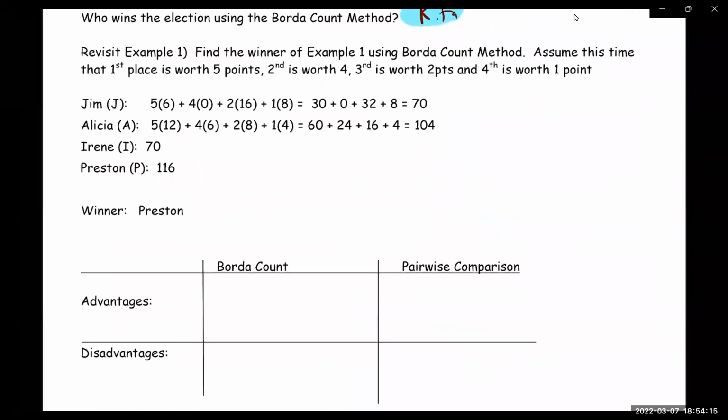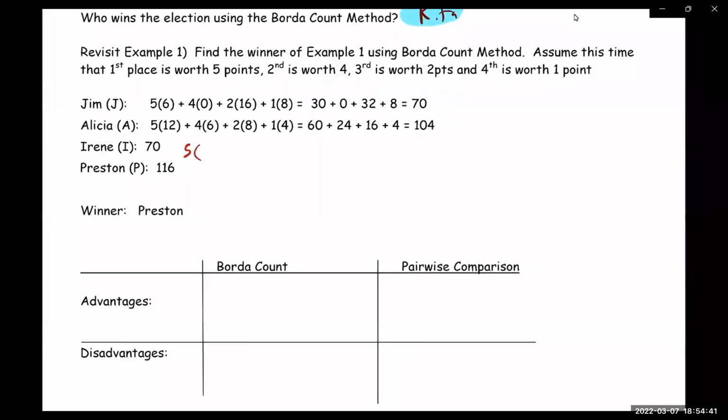They say, assume that this is a point system now. First place gets 5 points. Second place gets 4 points. Third place gets 2 points. And fourth place gets 1 point. All right, so let's see. Oh, they already did it for us. Why did they do that first? All right, well, they already did it.